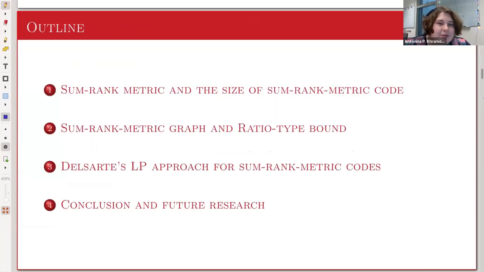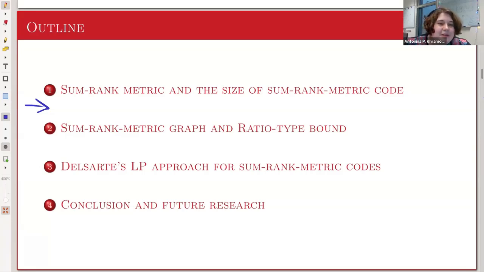Yeah, so this is the outline of the talk. We are right now here at the end of the introduction. Next, I'm going to explain the ratio type bound and define the sum rank metric graph to introduce it.